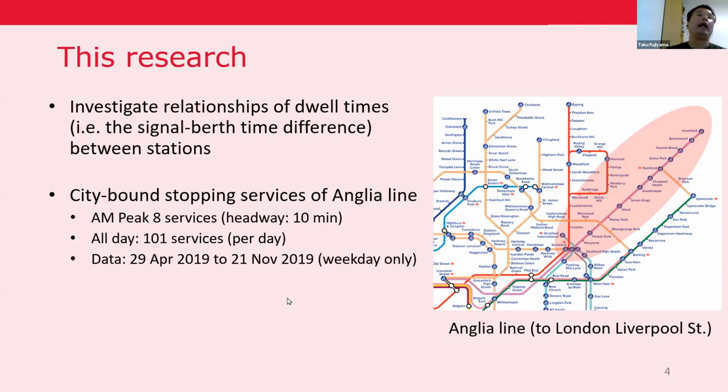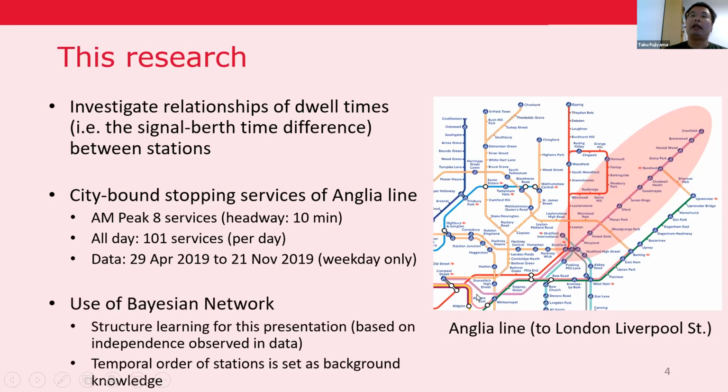We are analyzing the AM peak service, with a headway of 10 minutes, but also all day, roughly 100 services per day. And the data we have is from the 29th of April to the 21st of November.